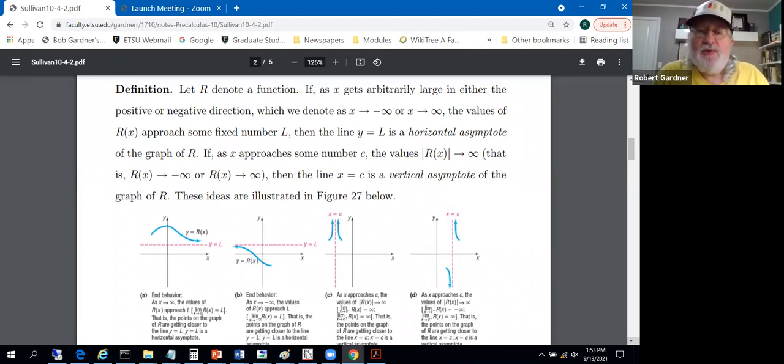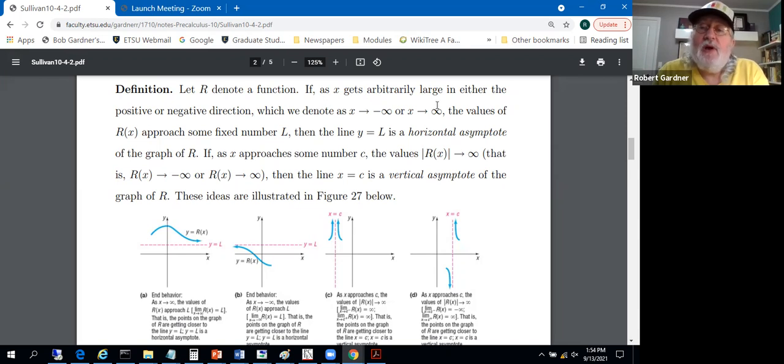So let's formally introduce asymptotes. Let r denote a function. Any function; the plan here is that we're dealing with rational functions, but that's not a constraint in this definition. This is a little soft in mathematical details, for reasons to be discussed shortly.